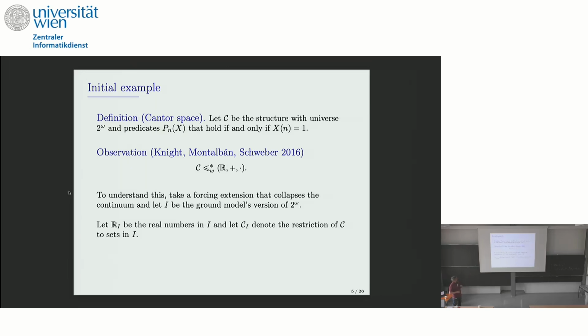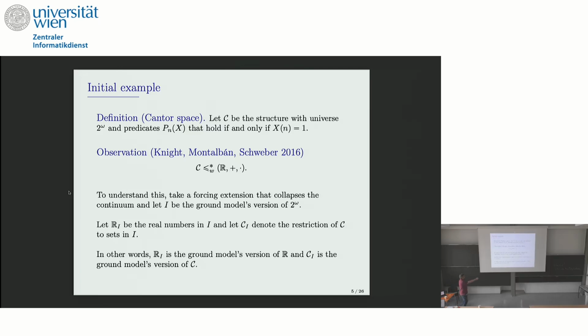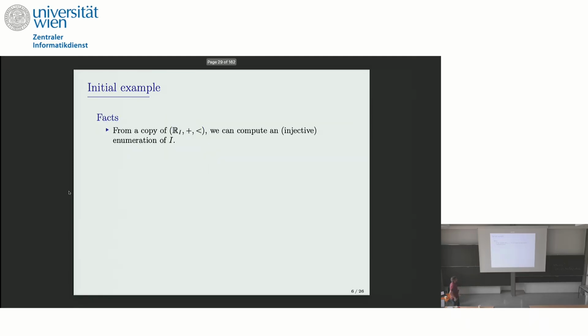So Ri is the real numbers in I, and Ci is the restriction of this structure to just the sets in I. This is the ground model's version of 2 to the omega, and it's easy to see what the ground model's version of Cantor space and the real numbers should look like.